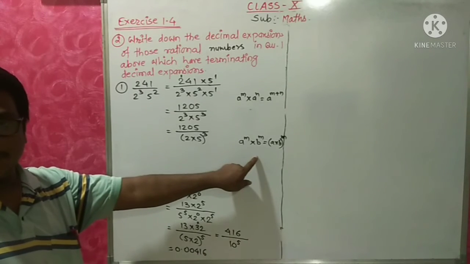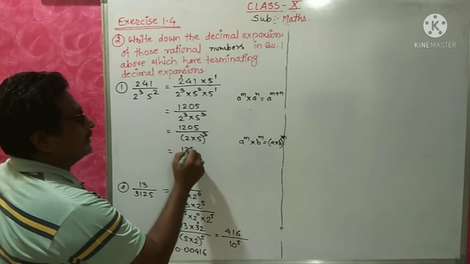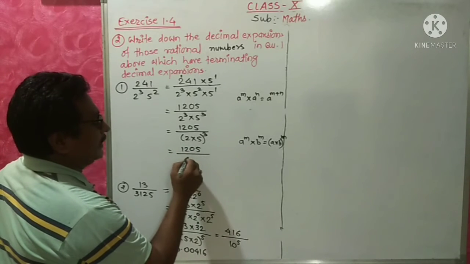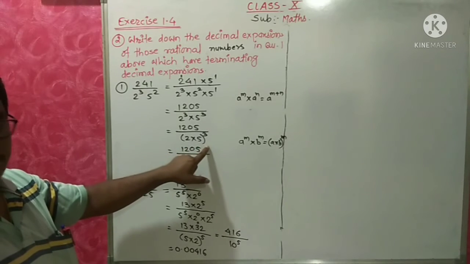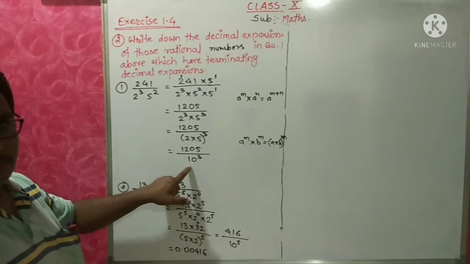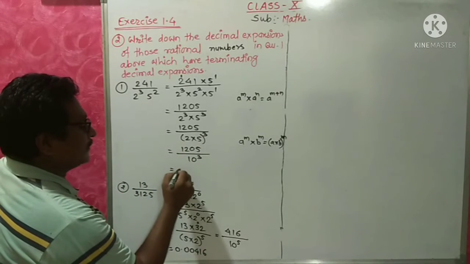Laws of exponents. So now what will we get? 1205 by 10 raised to the power 3. 2 into 5 is 10. So 3 zeros are there. So what will we get?